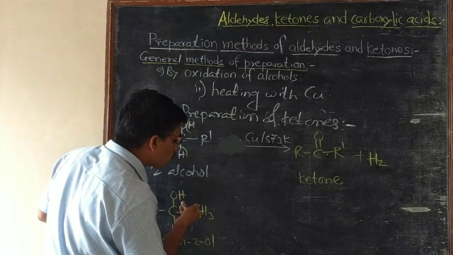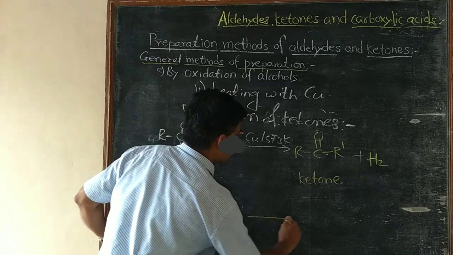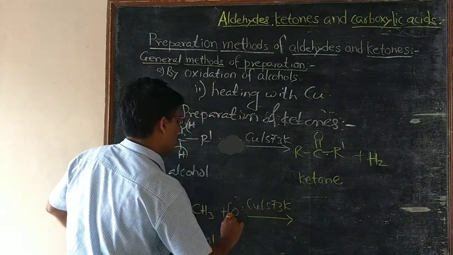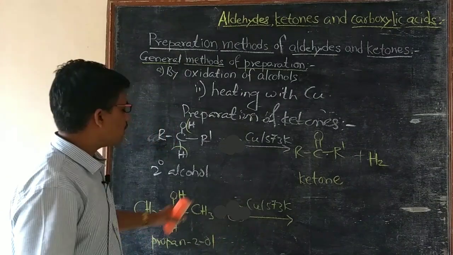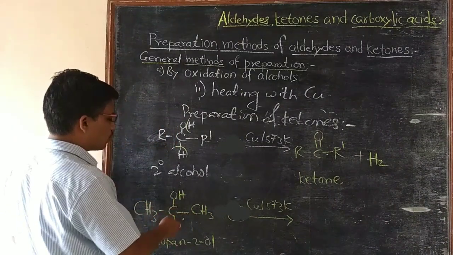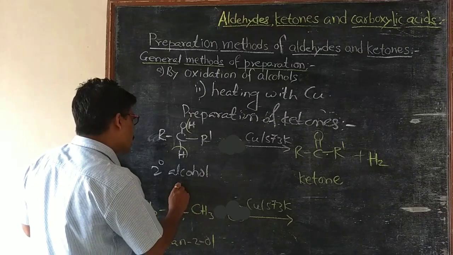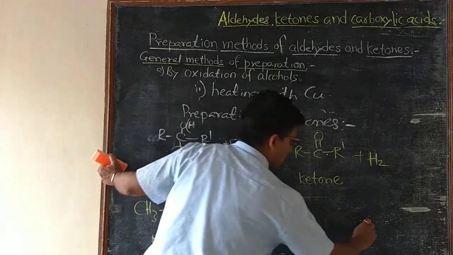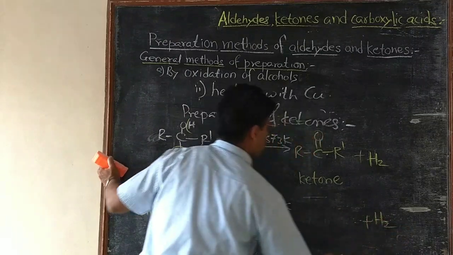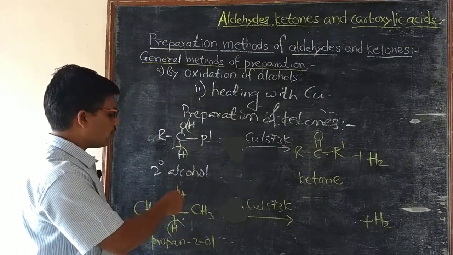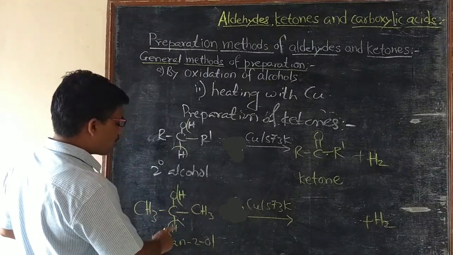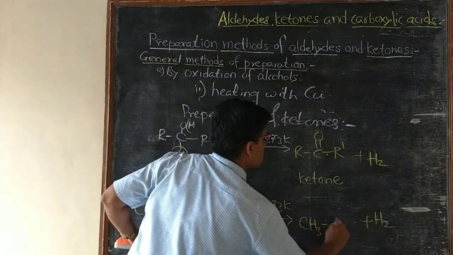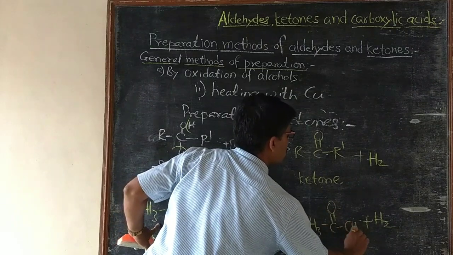When vapors of this propan-2-ol are passed over hot copper powder, then oxidation takes place, and in this case also removal of this hydroxyl hydrogen and this alpha hydrogen takes place to form an H2 molecule, and what we are left with is our desired product, its corresponding ketone, that is CH3 C double bond O CH3.